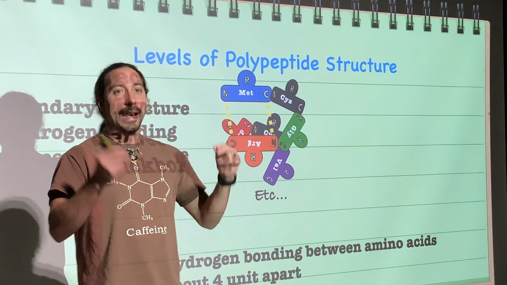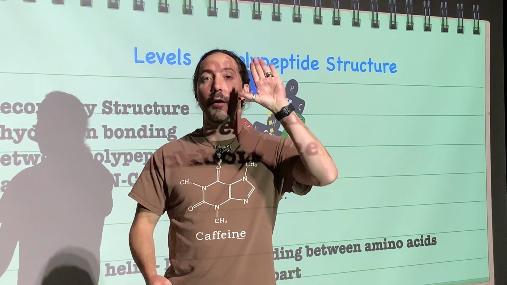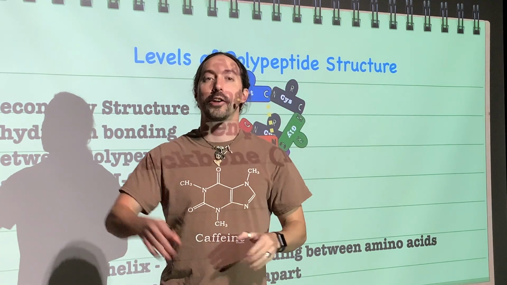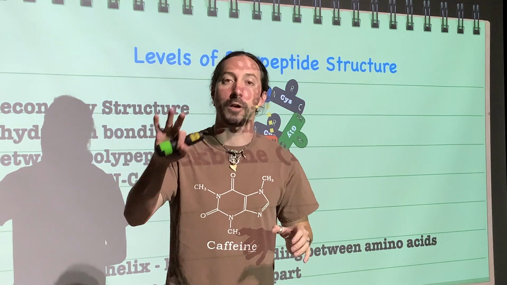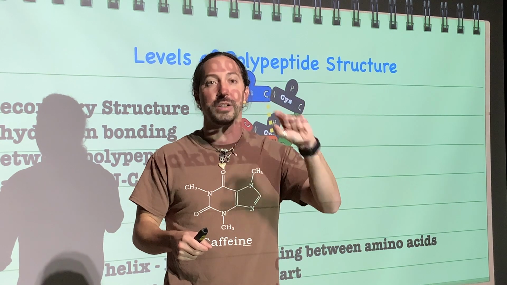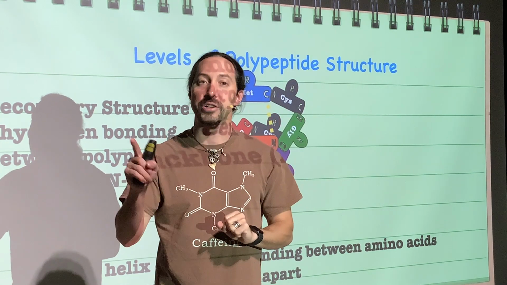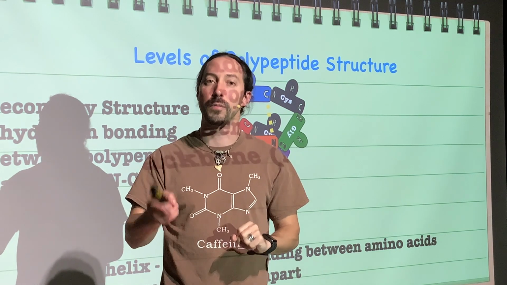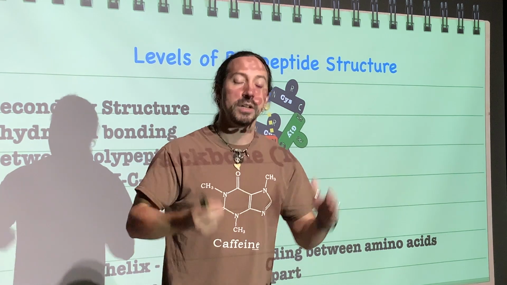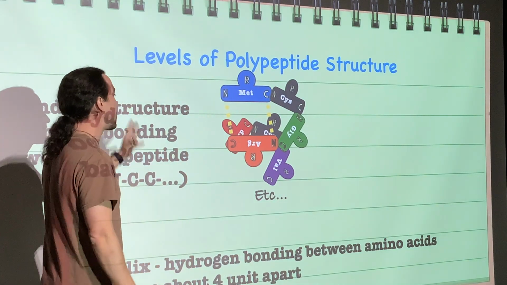That part can have hydrogen bonding take place between the amine group of one amino acid and the carboxyl group of a different amino acid. The hydrogen attached to the amine group is slightly positive, and the oxygen that's still attached to our carboxyl group is slightly negative. So they can hydrogen bond together, and thus it can form some interesting structures.